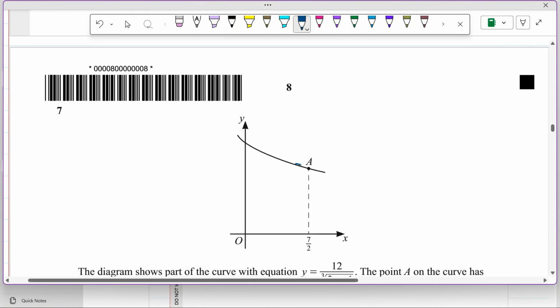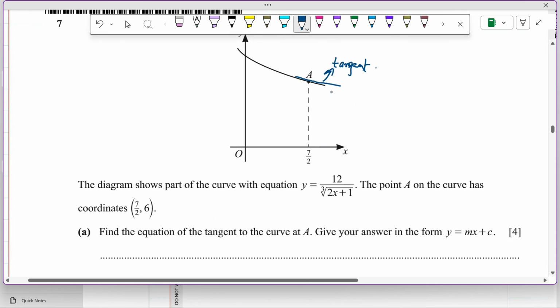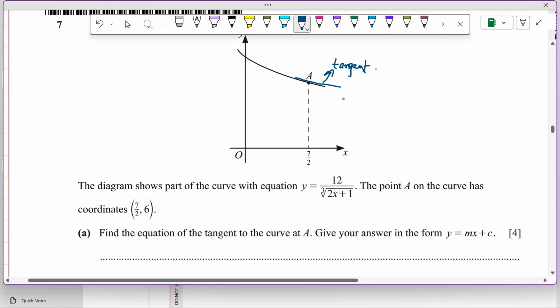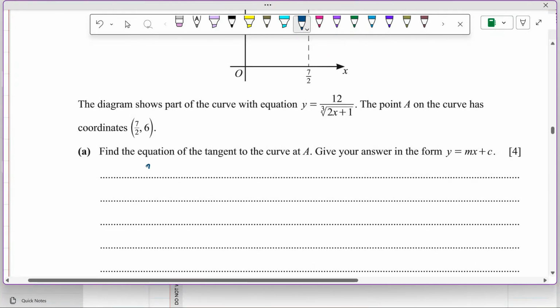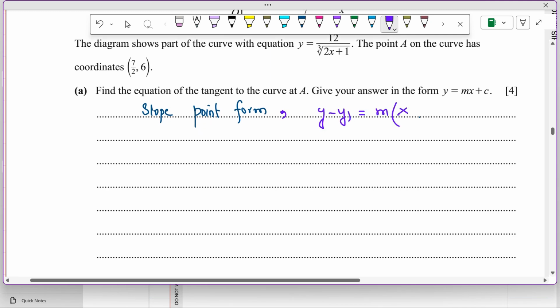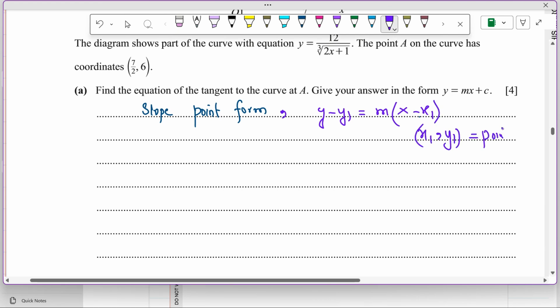Okay, if I draw a tangent like this one, we need to find the equation of this tangent at A. The equation of the line can be calculated using the slope-point form: y minus y1 is equal to the slope times x minus x1, where x1 and y1 are the point A, which is given.